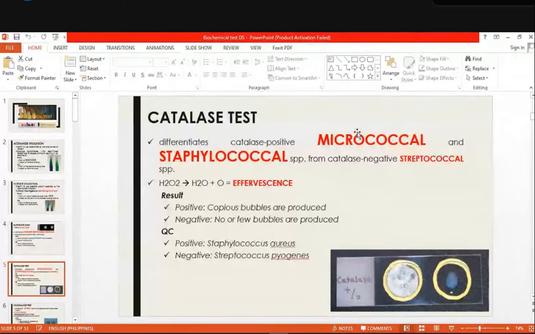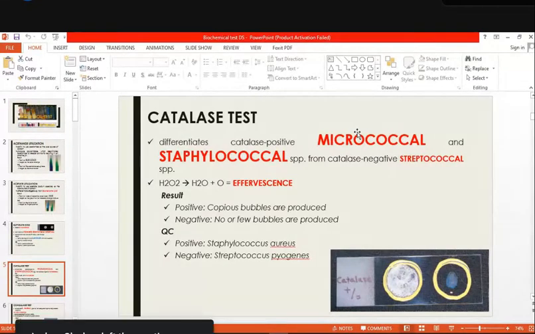Kaya siya may super doon sa umpisa niya. This is for screening of Neisseria gonorrhoeae. We can also test for a heat-stable catalase, which is a biochemical test for our Mycobacterium species. Okay.